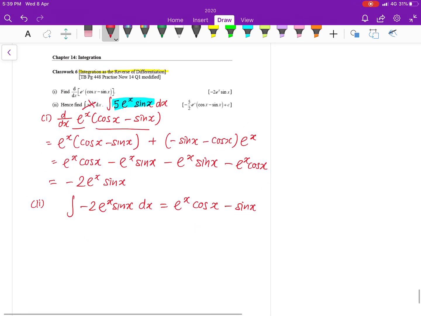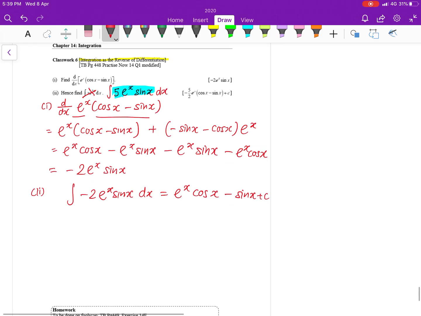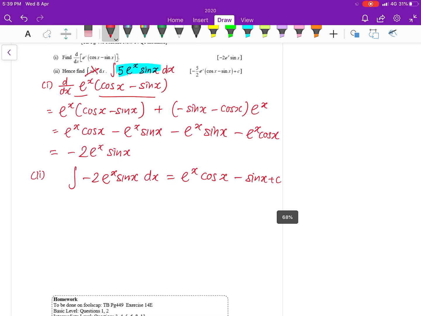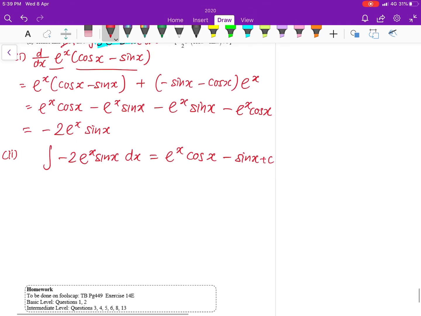You can put a plus c, up to you. Like what I said, you can put a c for every part, but the final answer, no matter what, you still remain as a plus c. It will not be a plus d or e or f. Now from here, I will just have to do some tricks.